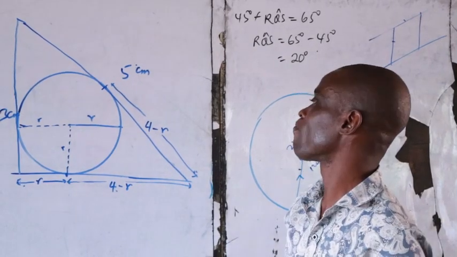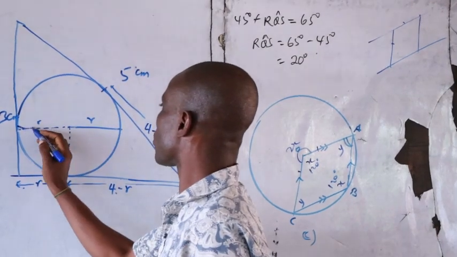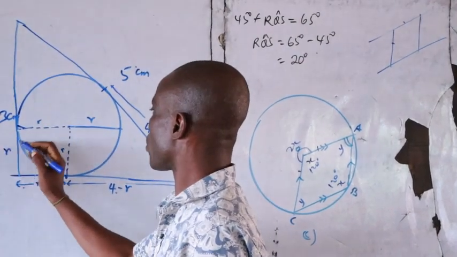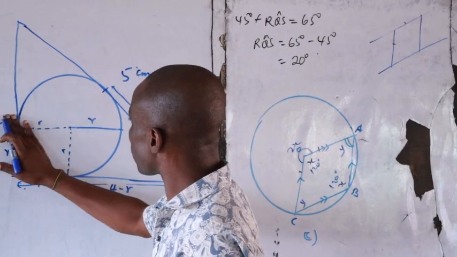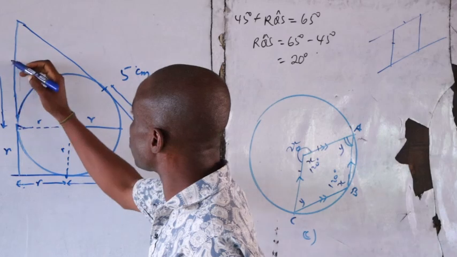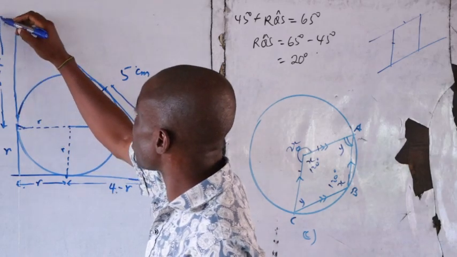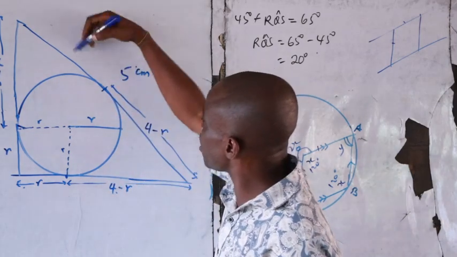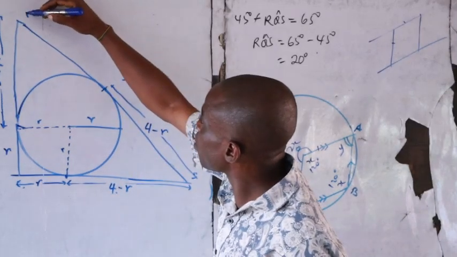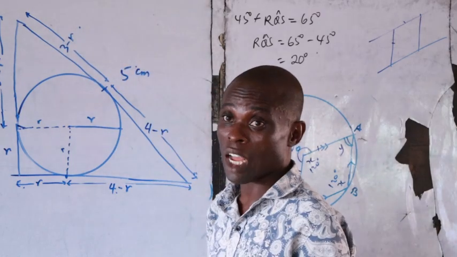I will still come to this one. From here to here is 3 minus R, which is equal to this, 3 minus R. Abi? Yes, sir.